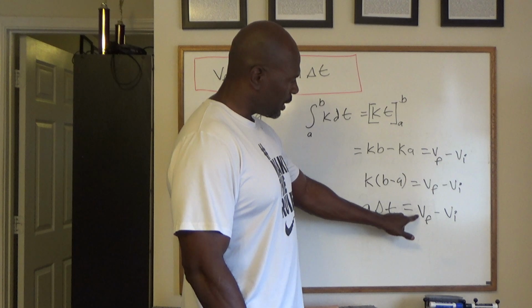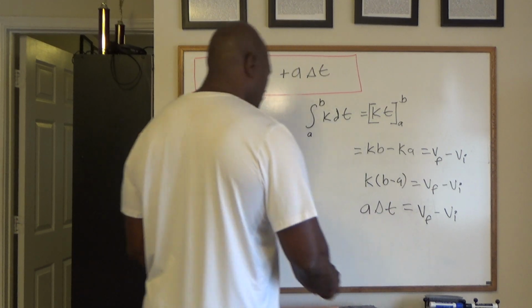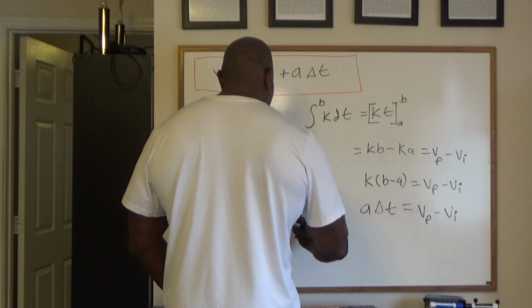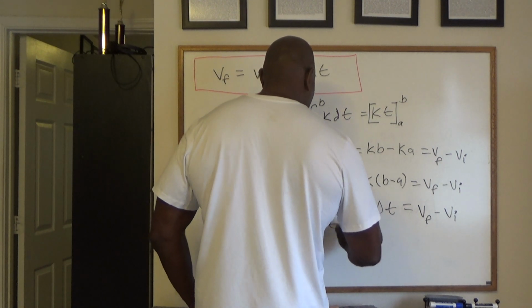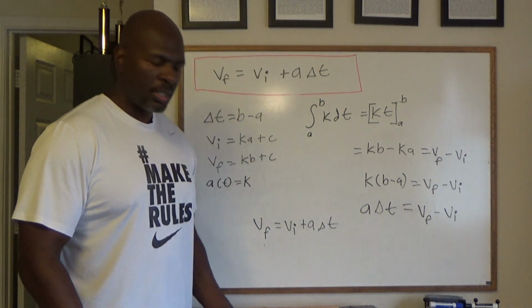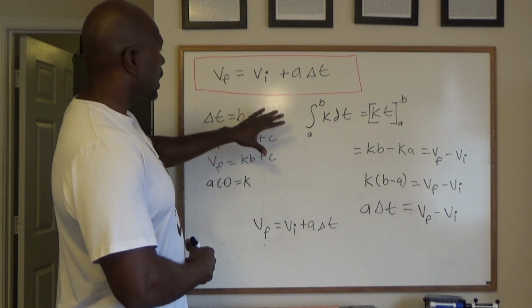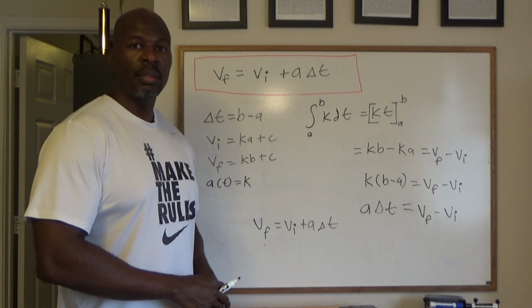So to solve this for v sub f, we'll simply add v sub i to both sides, and we'll get v sub f is v sub i plus a times delta t. That one was fairly straightforward. So again, that's the calculus way of deriving the velocity function with constant acceleration.